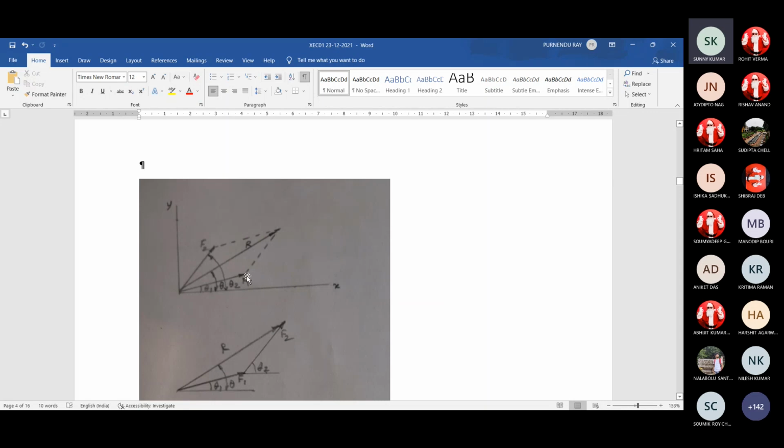So sigma FU is equal to 0 and sigma FV is equal to 0. That is also true because we are resolving all the forces in two rectangular components, and the algebraic summation of components of the individual forces is equal to 0, no matter in which direction you are resolving them. Not only along the x direction, any arbitrary direction you can find the component. Even if we select any other line, suppose this is the minus 30 degree line, drop a perpendicular there also.